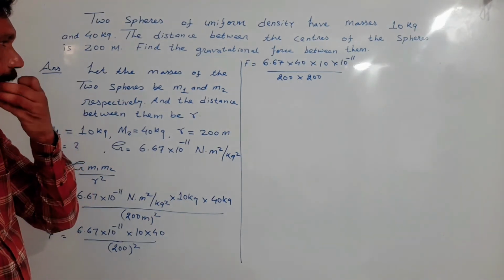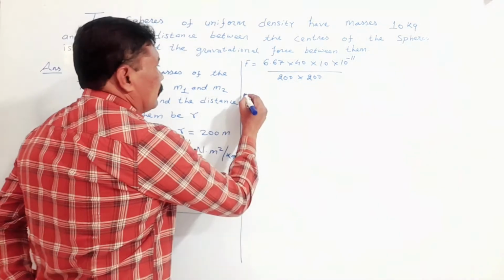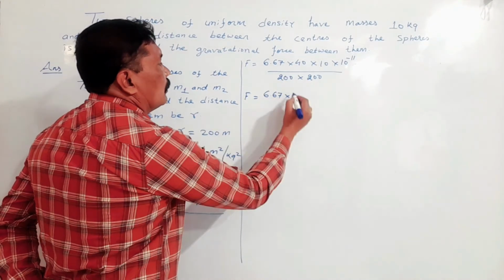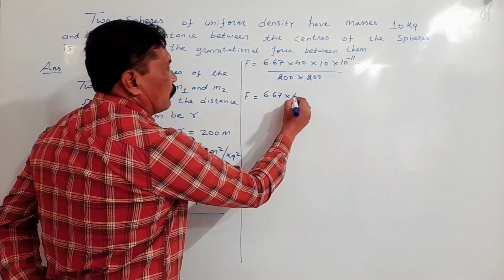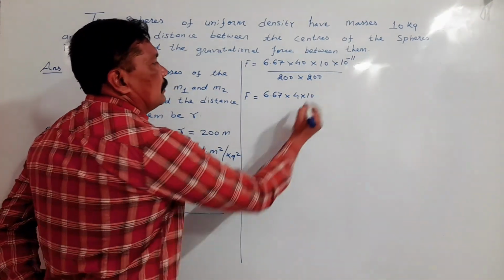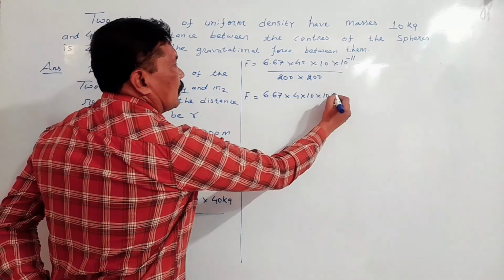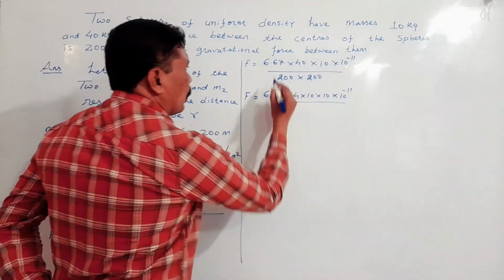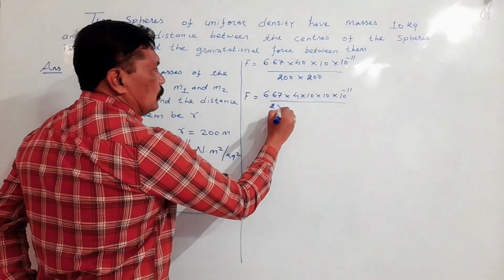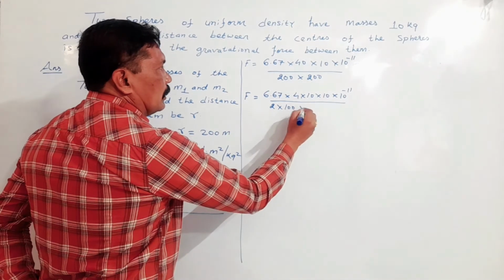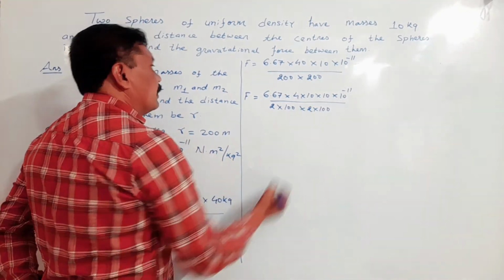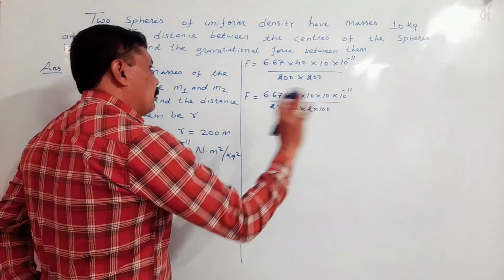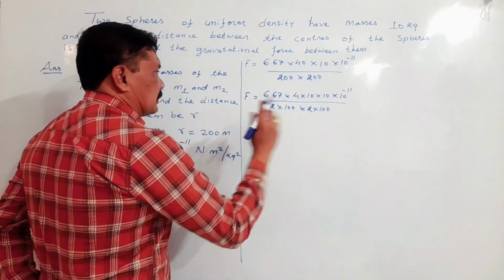Now my dear student, again we can make it very simple. F is equal to 6.67 into 40, we can write 4 into 10, into 10 to the power minus 11 upon 200, we can write 2 into 100 into 2 into 100. My dear student, this we have done in order to simplify the step.